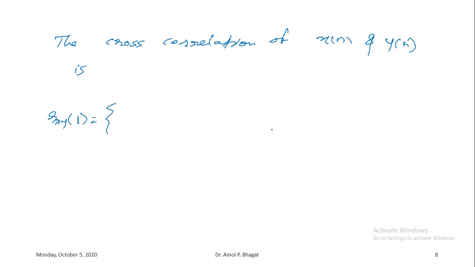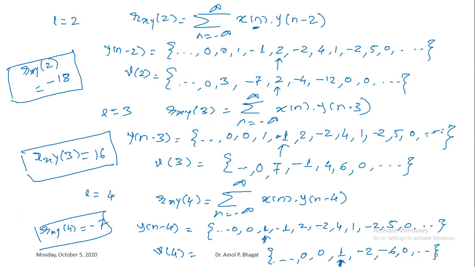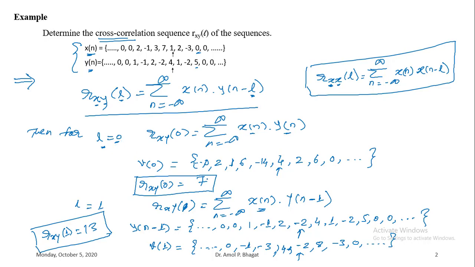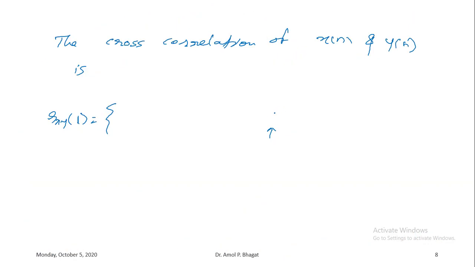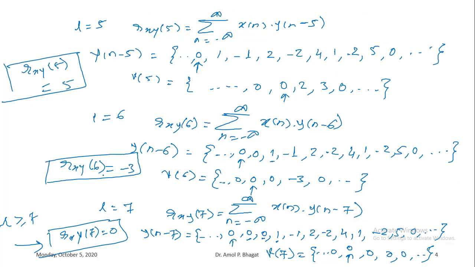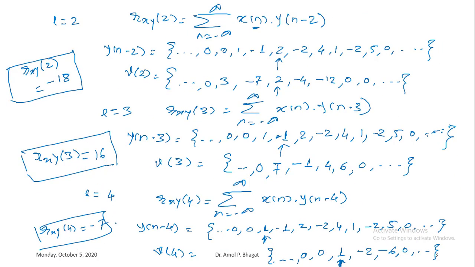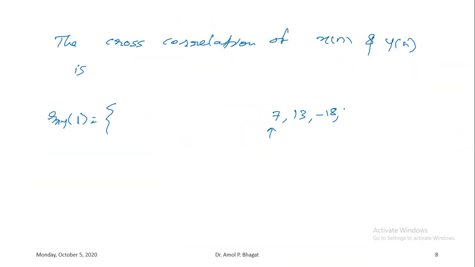So starting with the origin value, right? At L equals 0 you get value 7, next value is 13, then minus 18. Okay, so 7, 13, minus 18, right? Then at L equals 3, 16, minus 7, then 5.